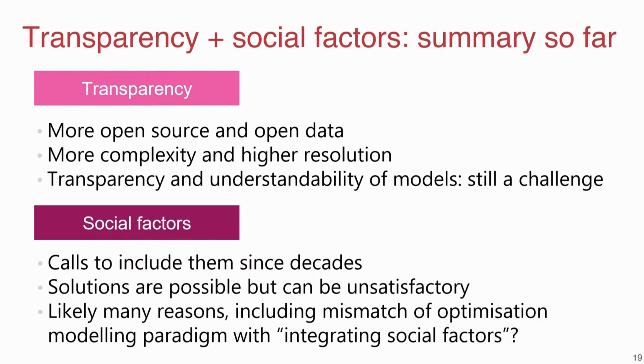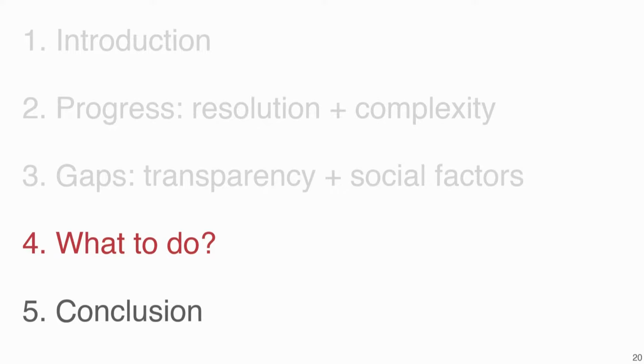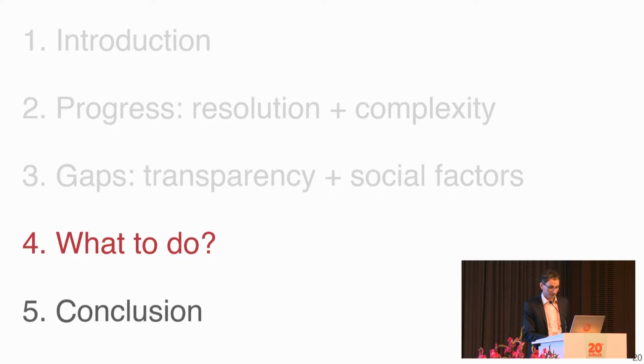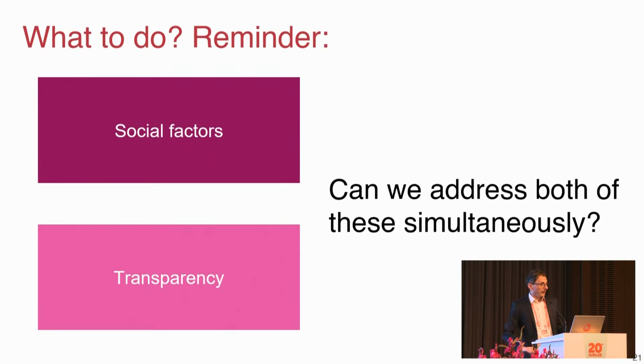And there are some solutions. We can apply some band-aids, but it feels a bit unsatisfactory. So, what should we do? And as a reminder, I also said, can we maybe make progress on both of these in some way at the same time?